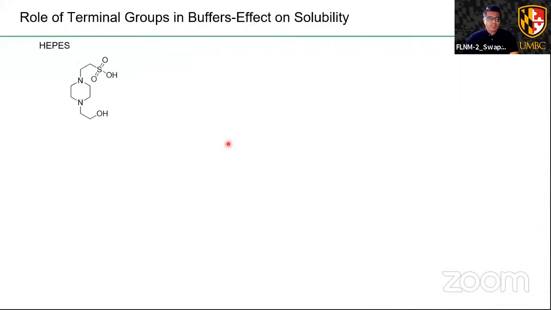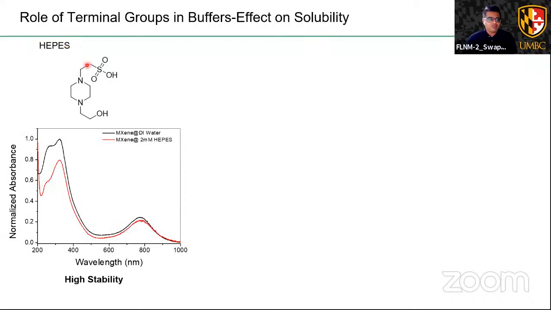Now, there's one very interesting role that the terminal groups on these buffer molecules have. If you have HEPES, where you have these two terminal groups, in this case we see high stability, there is no aggregation.